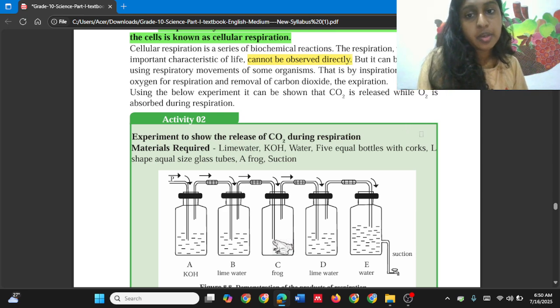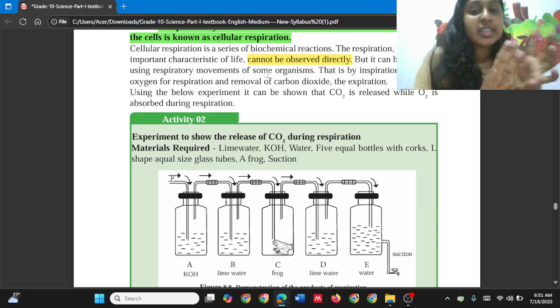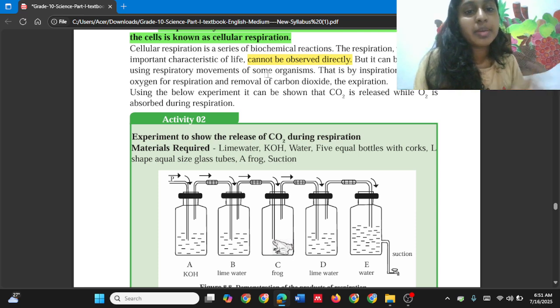No, it cannot be observed directly. But it can be observed using respiratory movements, that is, inhaling and exhaling.